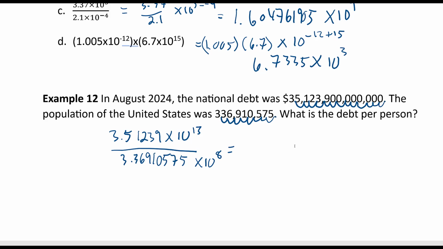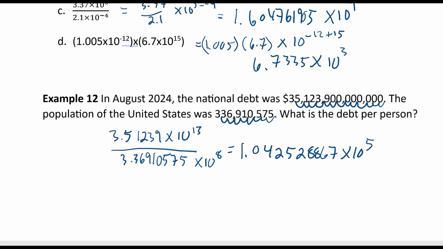Okay. So we do 3.51239 divided by 3.36910575, and I get 1.04252887. Sorry about that mistake. Times 10 to the 13 minus 8 is 5.